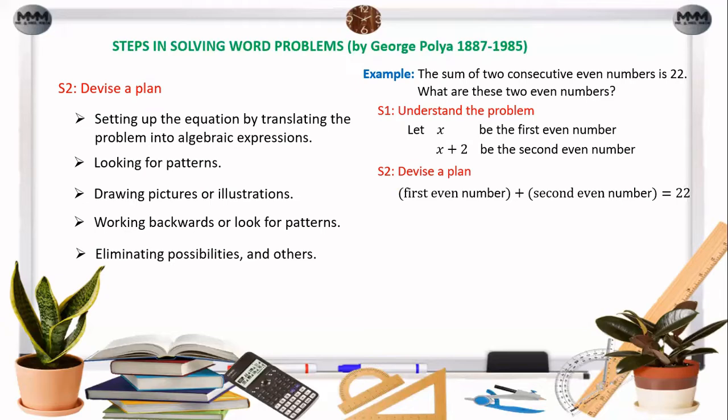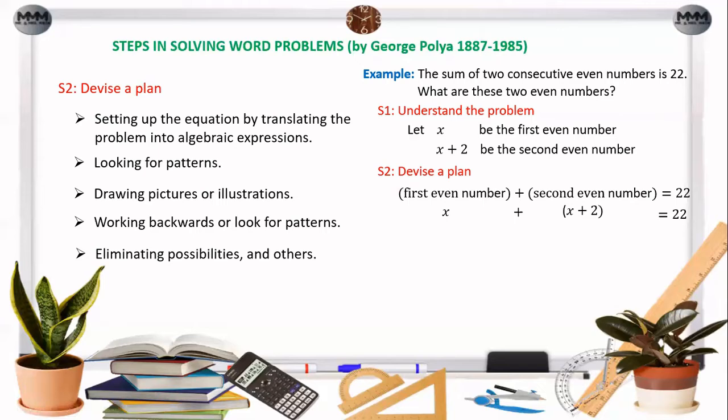So we have first even number plus second even number, because we are to find the sum of two consecutive even numbers, so we add the first and the second. And the sum is equal to 22. The first even number is x, and the second even number is x plus 2. So we add them and the sum is 22: x + (x + 2) = 22. That is how to set up the equation. So we're done in step number 2.